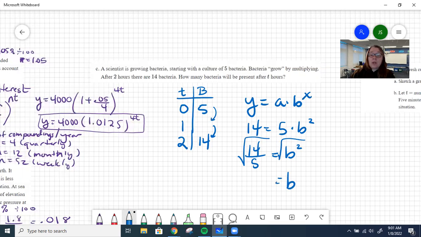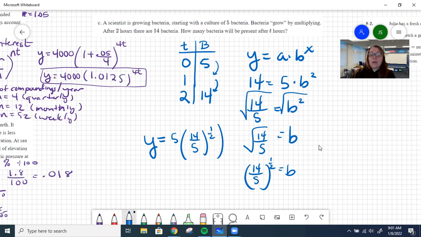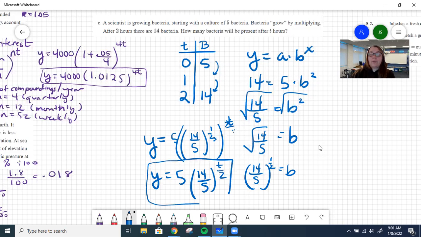So b equals the square root of 14/5, which is the same thing as 14/5 to the 1/2 power. So when I go to write my equation, I would say y equals, my a value was 5, times 14/5 to the 1/2, and then to the x power. So then I could write 5 times 14/5 to that, and that could be a t also, right? That would be the t over 2 power.